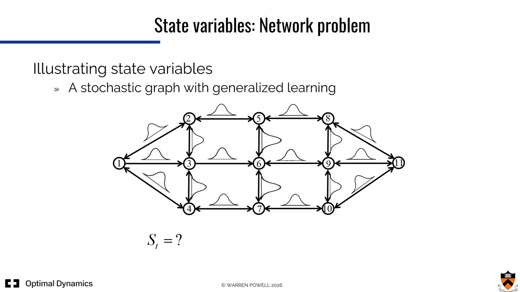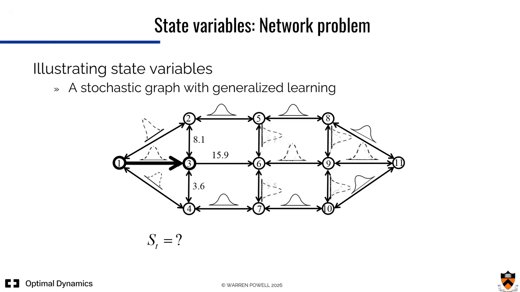Okay, I slipped in one more problem. This is a stochastic graph with generalized learning. So as I progress out from node 1, as I make those observations, what I'm going to do is update distributions. Now look here, I got to node 3. So let's say this is a Manhattan type of grid, and I observe these costs 8.1 and 3.6. Now, maybe I've observed something that's really high congestion, or maybe it's lower congestion, but simply getting those observations allows me to update the distributions in the future.